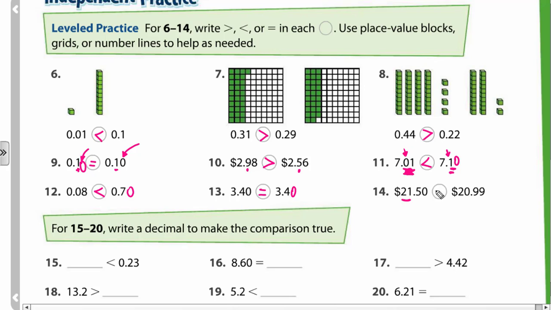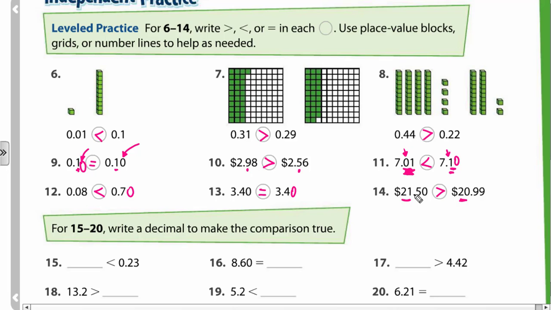Okay, explain why. 21 and 50 hundredths is greater than 20 and 99 hundredths. You should say hundredths. Okay. So because here we have 21 and here we have 20, this is a reason for us to say that 21 is greater than 20. Thank you, my hero. Good work.